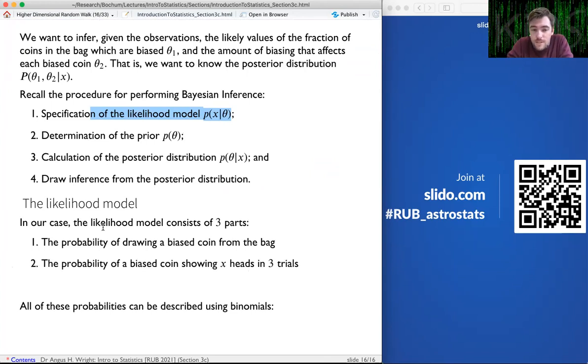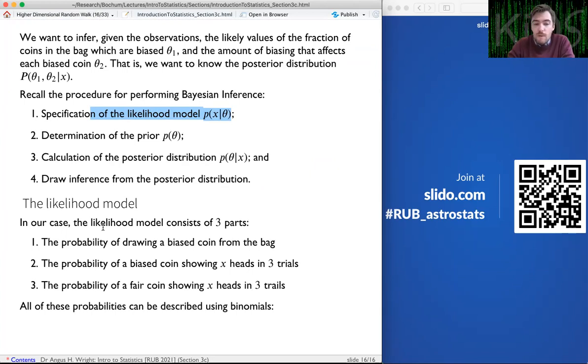It requires us to know the probability of a biased coin showing X heads given 3 trials, because we threw the coin 3 times. And we have to know the probability of a fair coin showing X heads given 3 trials. These are the 3 components of our likelihood.